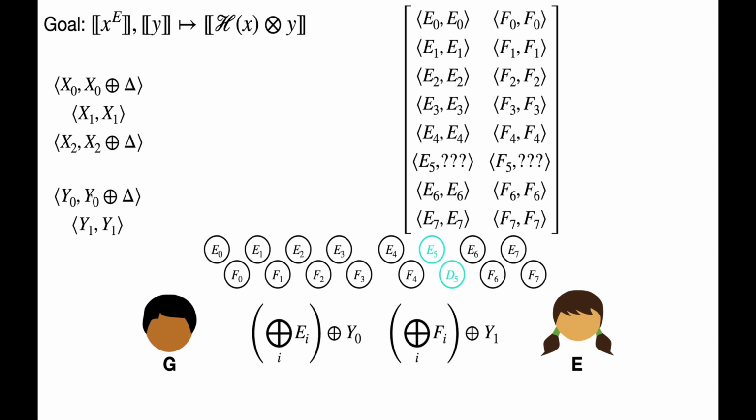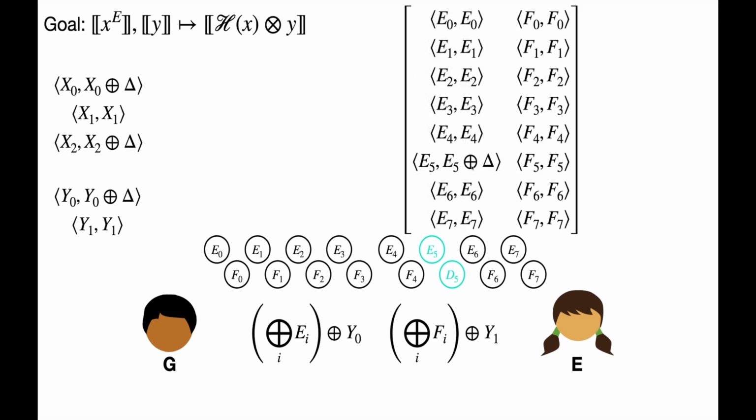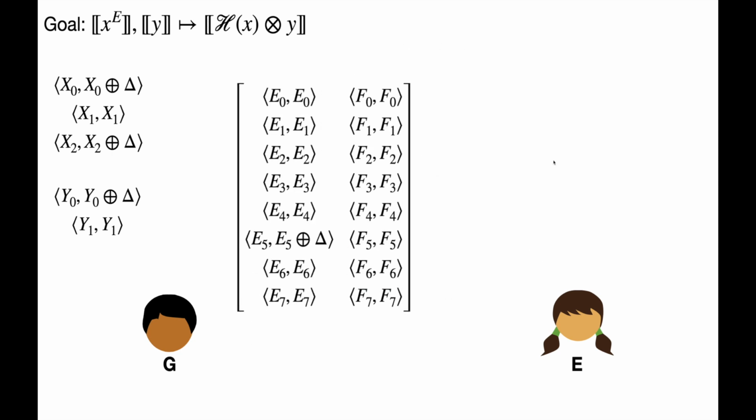Then she can add this value to her share of y0, namely y0 plus delta. Ultimately, this results in the specific value E5 plus delta, or respectively F5. In this way, the parties can construct a garbled one-hot outer product of x and y.